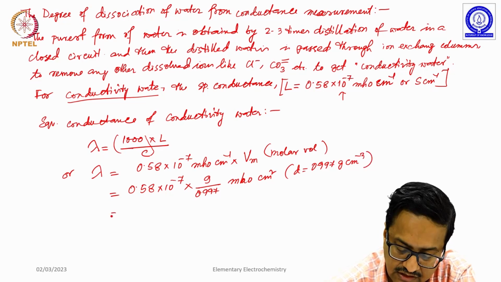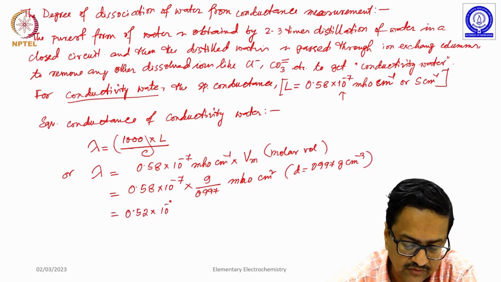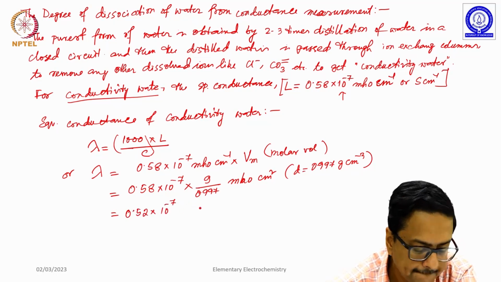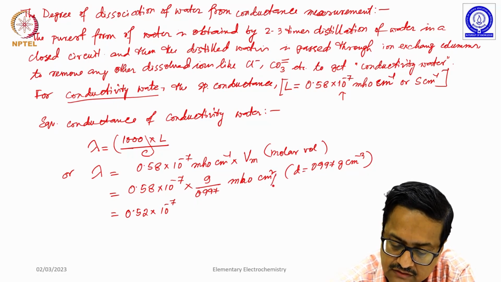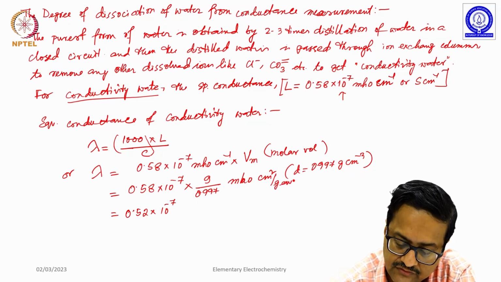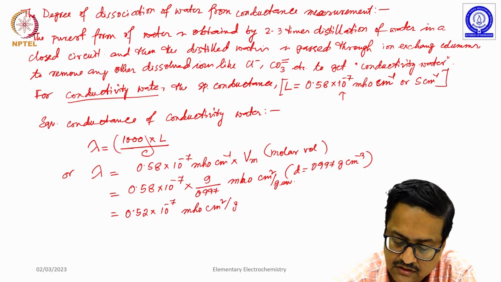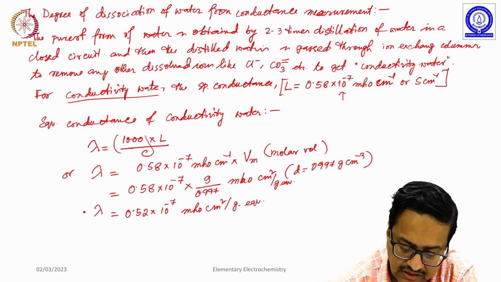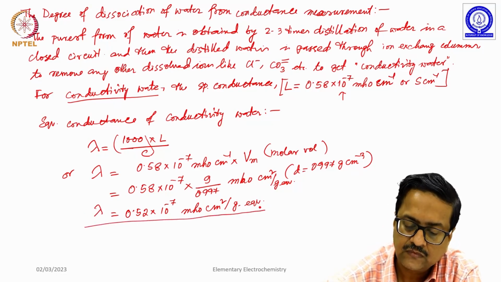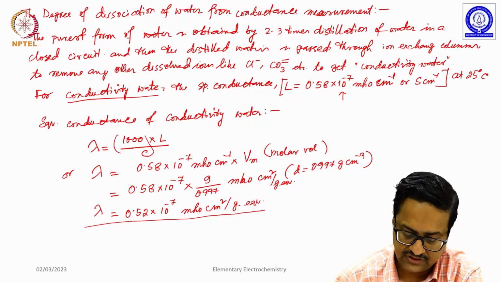So, you can calculate this value as 0.52 into 10 to the power minus 7 mho centimeter square per gram equivalent. So, this is the equivalent conductance for water, and this value is at 25 degrees centigrade as usual.